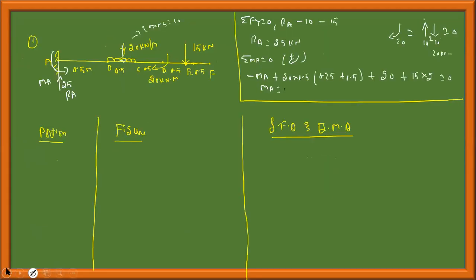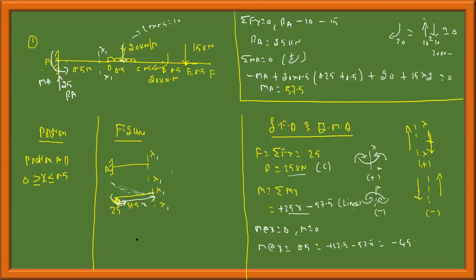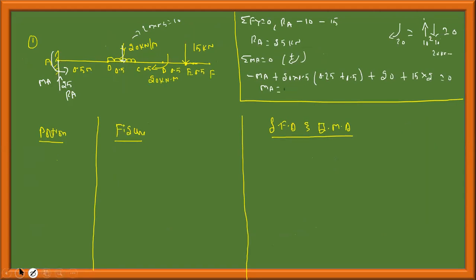Next, for bending moment: bending moment at x equal to 0 is equal to 0, at x equal to 0.5 is minus 45. Okay, this is linear. Since there is an x term, bending moment is linear. This is constant, this is linear, 0 and minus 45.